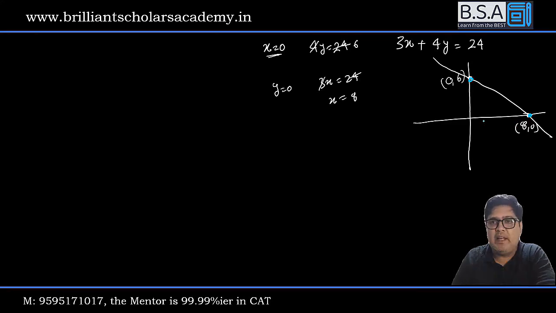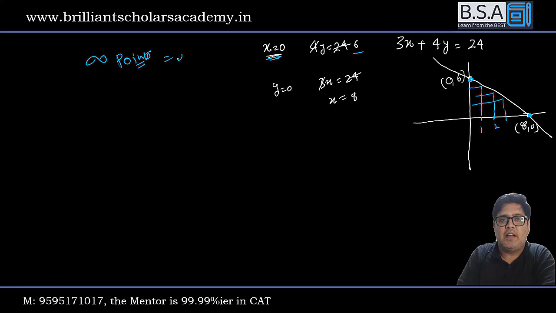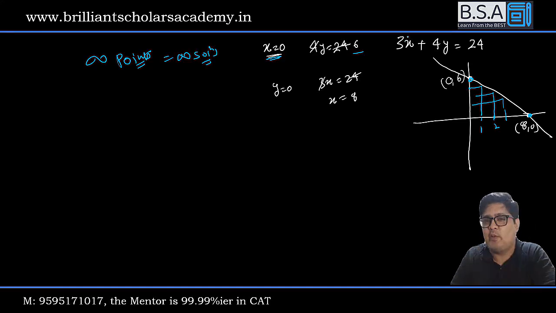If I randomly assume x is equal to 1, I will have some value for y, another solution. X is equal to 2 will give me another solution. X is equal to 3 will give me another solution. So for every value of x, there is a value for y. There are infinite points. So there are infinite solutions for a single equation.